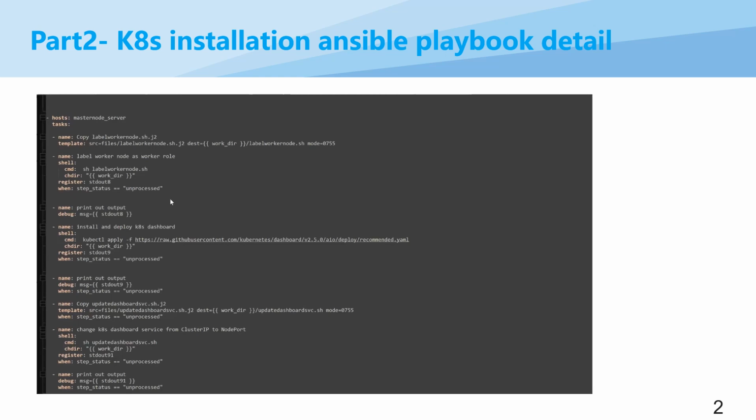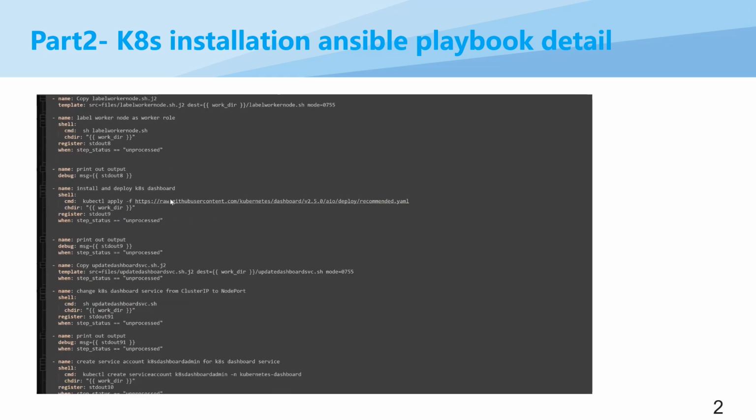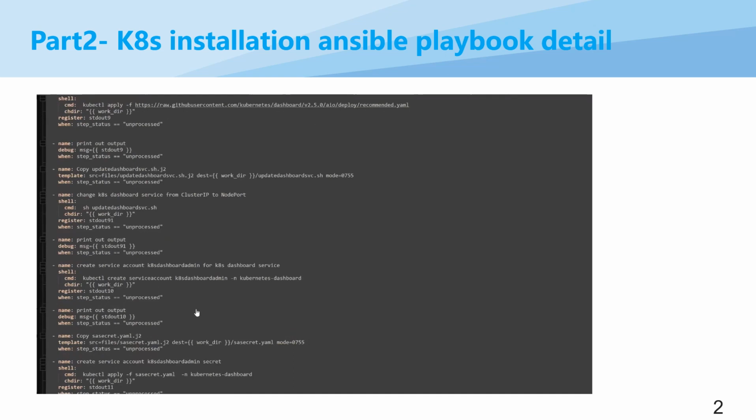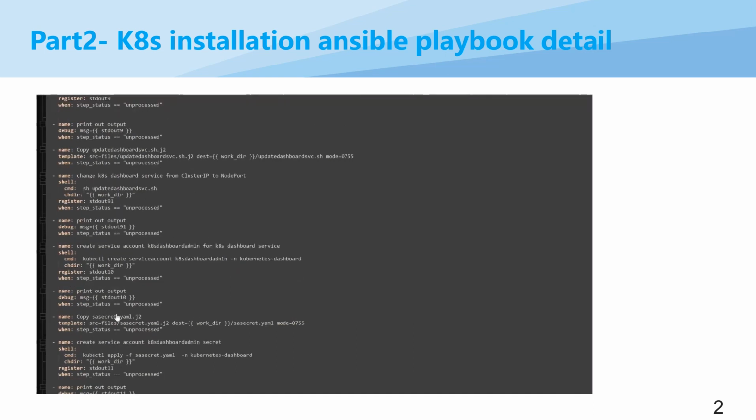As I mentioned earlier, starting from Kubernetes 1.24, the secret needs to be created manually. Before that, we update the dashboard service and create a service account for the dashboard, and here is the secret YAML shell. So we check the secret YAML.